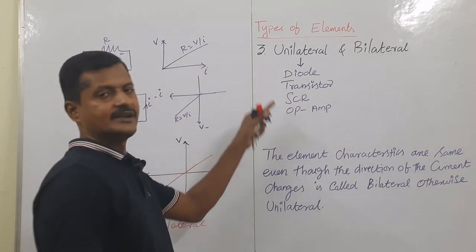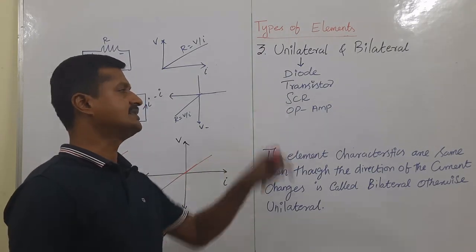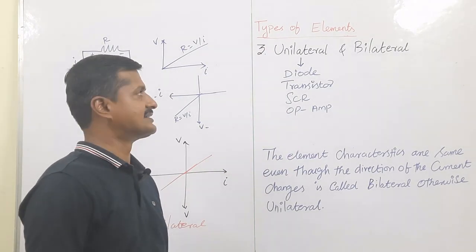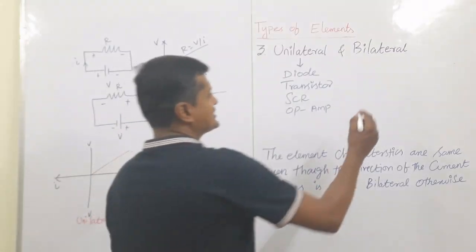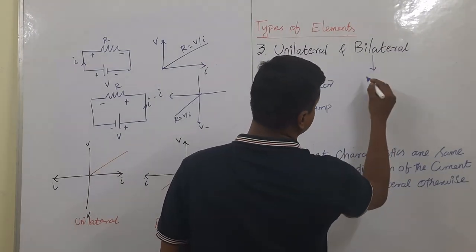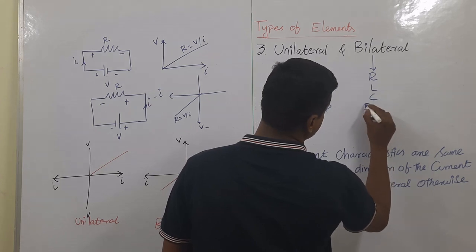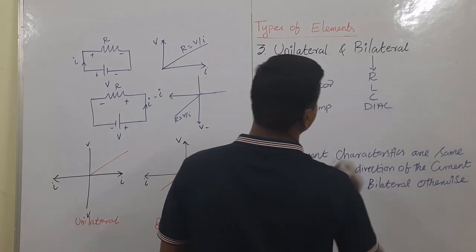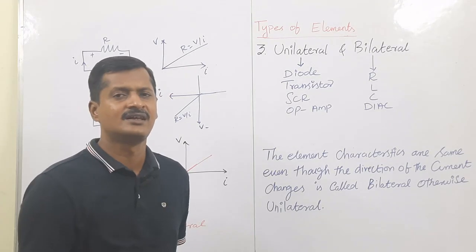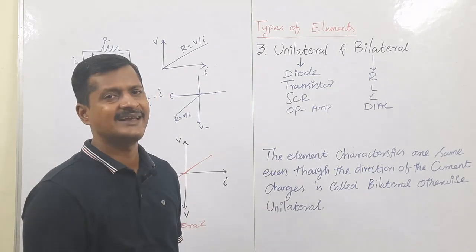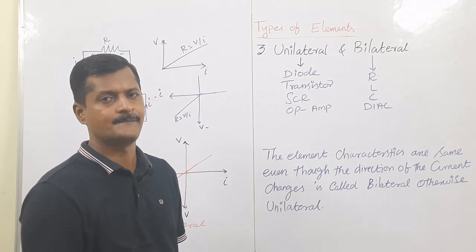So diode, transistor, SCR, op amps are unilateral elements. For bilateral elements: resistor, inductor, capacitor and diac. Resistor, inductor, capacitor and diacs are bilateral elements.